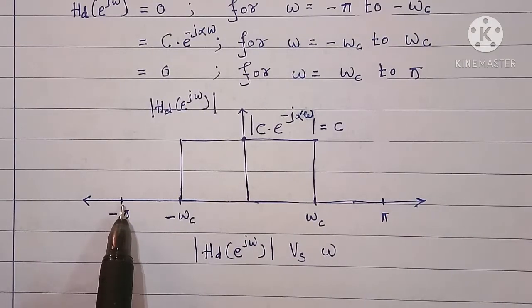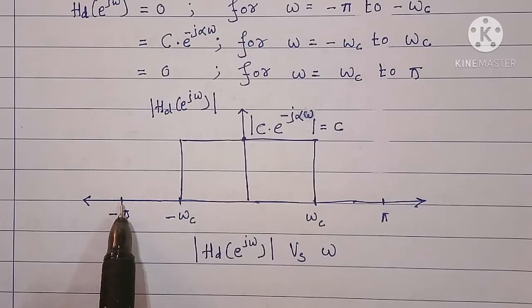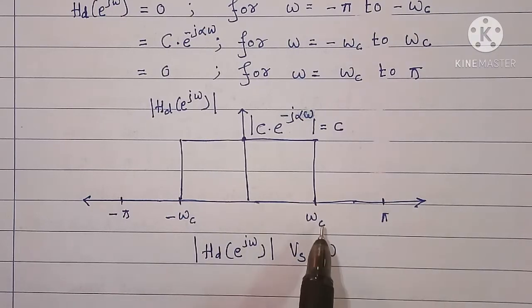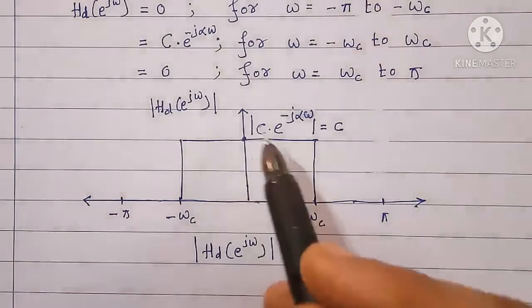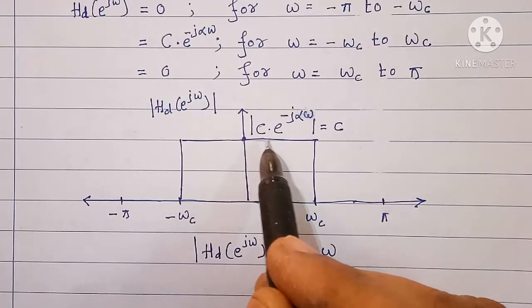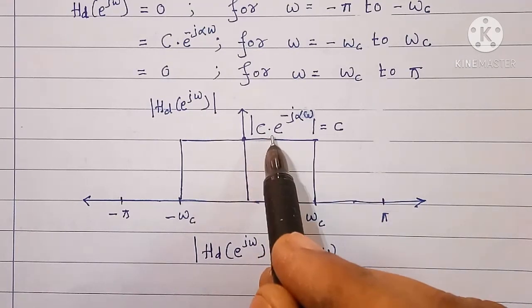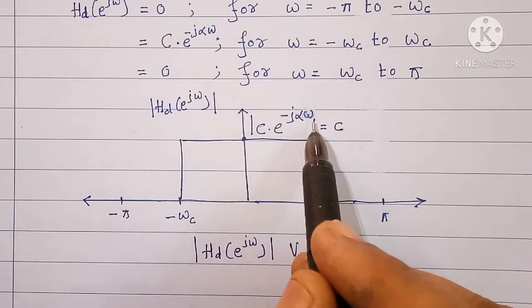The magnitude of HD of e raised to j omega is 0 for omega equal to minus pi to minus omega c, and from minus omega c to plus omega c, that is in the pass band, the magnitude is equal to capital C, that is magnitude of c into e raised to minus j alpha omega.